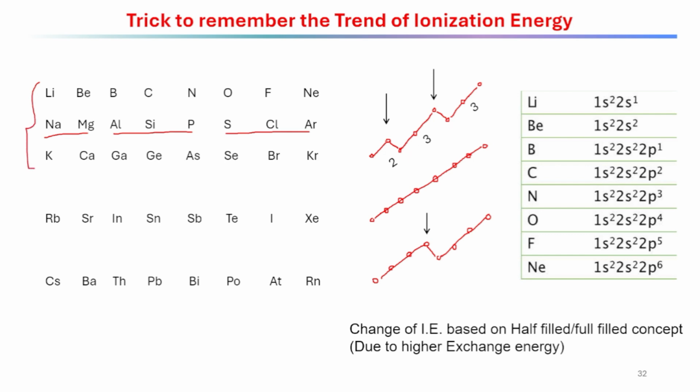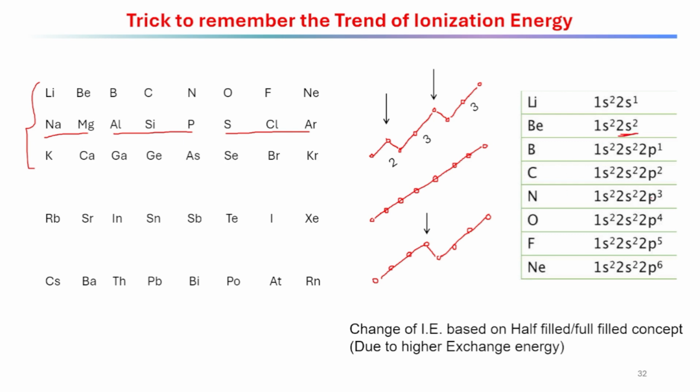These peak elements, for example beryllium and nitrogen, or magnesium and phosphorus, are actually full-filled and half-filled, so they have higher stability and higher exchange energy. The electronic configuration of beryllium is 2s2, that is full-filled.